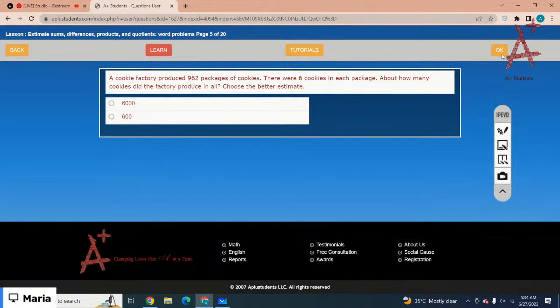A cookie factory produced 962 packages of cookies. There were 6 cookies in each package. How many cookies did the factory produce in all? Choose the better estimate. So basically you have to do 962 times 6, but first you have to round off the numbers.